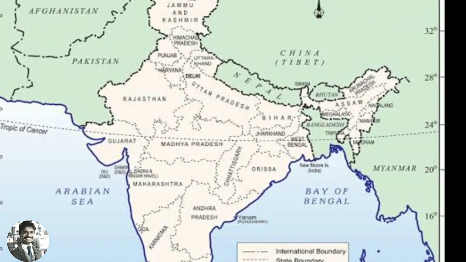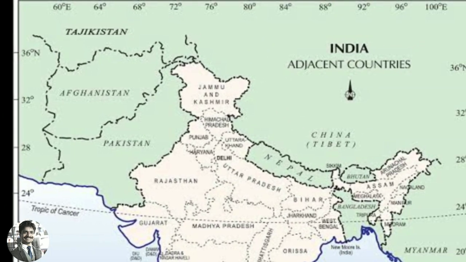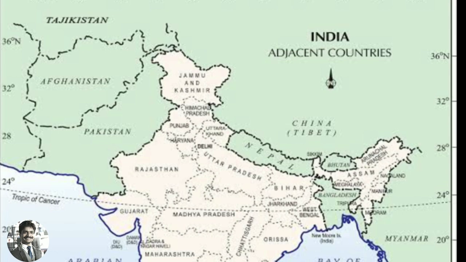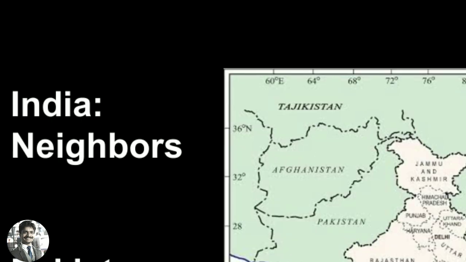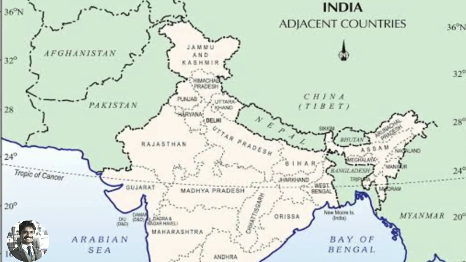Then next we will see the neighbors of India. India is connected with various other countries of Asia. The first country is Pakistan. Pakistan and Afghanistan are located to the northwest of India, right?